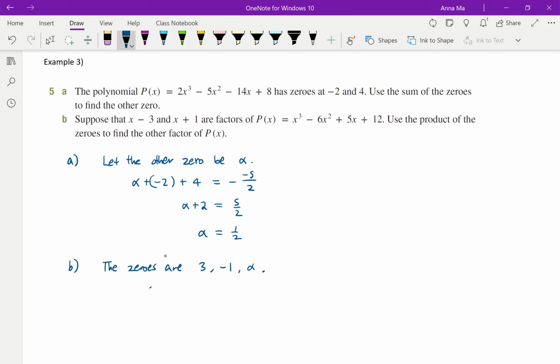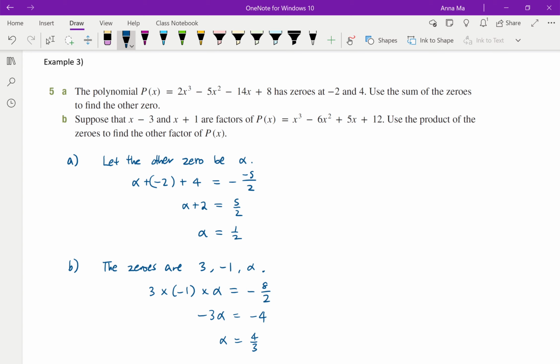So I can see that the product of all the zeros must be -d on a, which is -4, right? Negative 3 alpha is equal to negative 4. So then alpha is equal to positive 4 on 3.